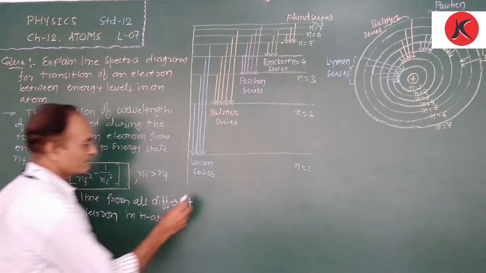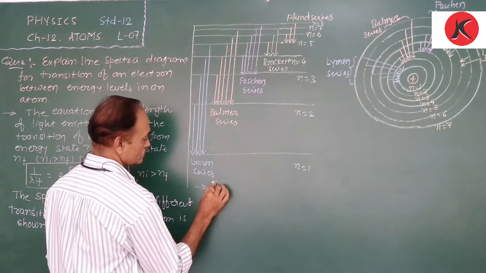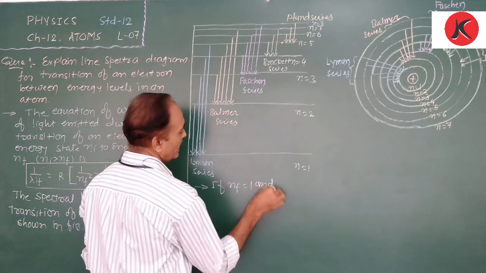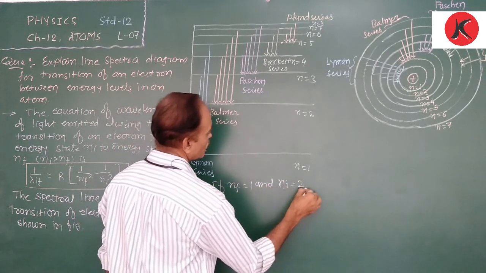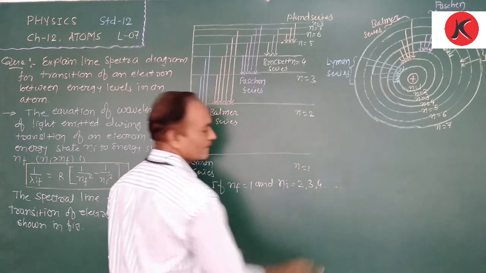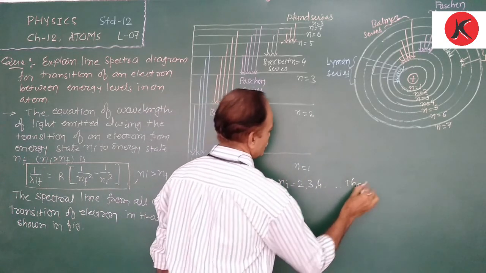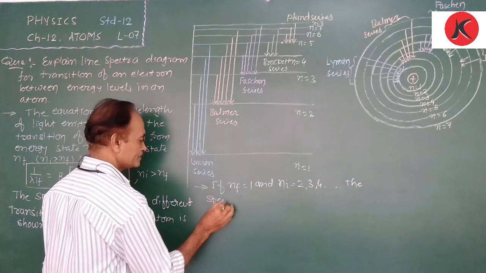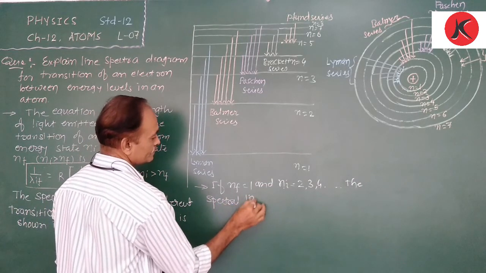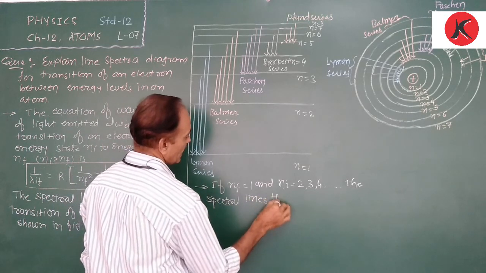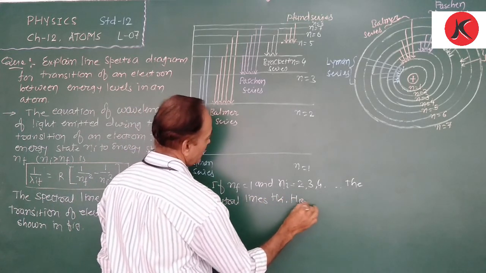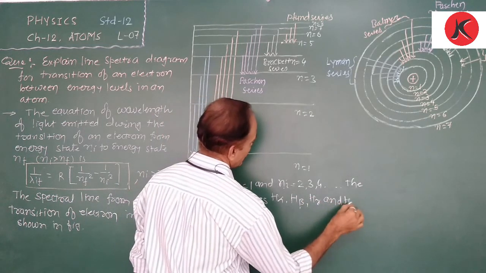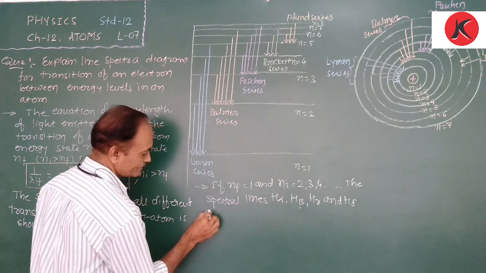Like this way, if nf is equal to 1 and ni is equal to 2, 3, 4 and so on, the spectral lines H alpha, H beta, H gamma and H delta of Lyman series are obtained.